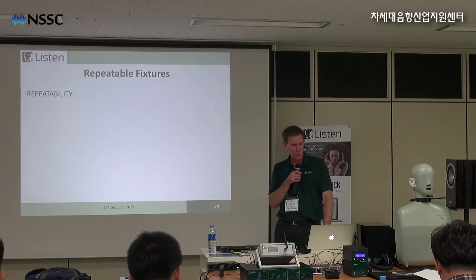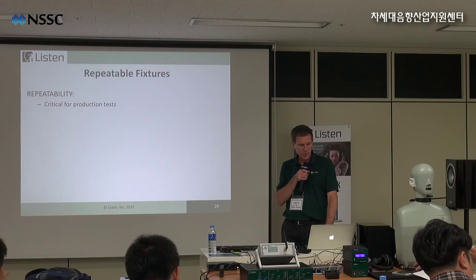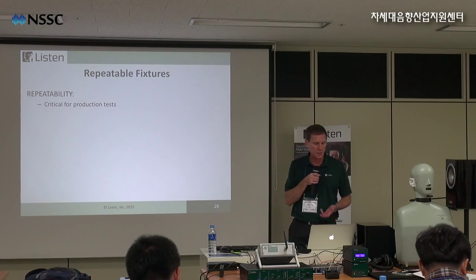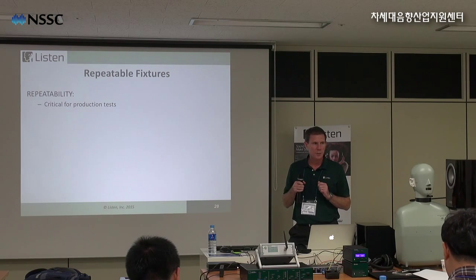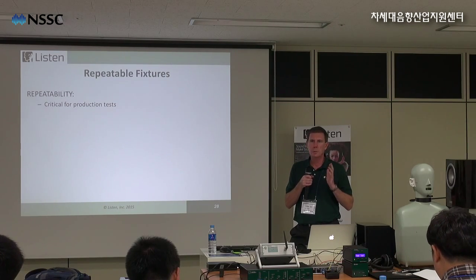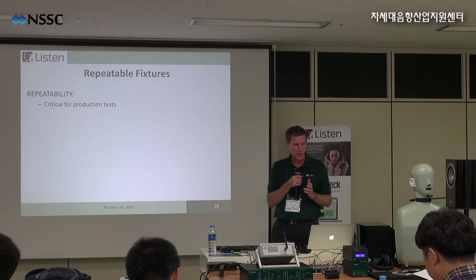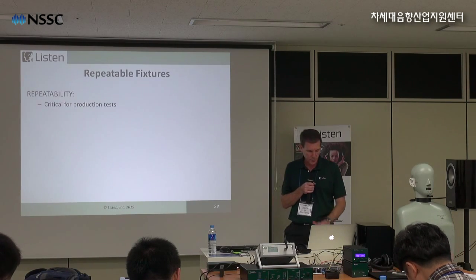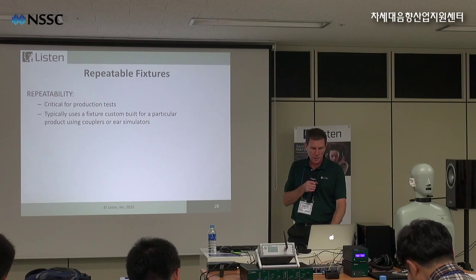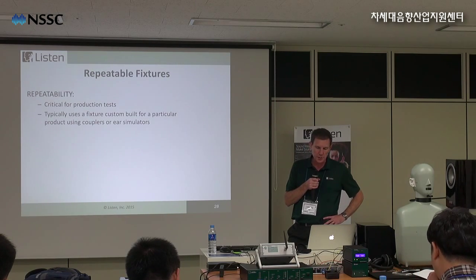Okay, so a little more about the fixtures. In production test, for a pinna, we're not trying to go for realism; we're trying to go for a repeatable fit. And if we want to set limits, it had better be very repeatable. So typically we use a fixture custom built for the application.